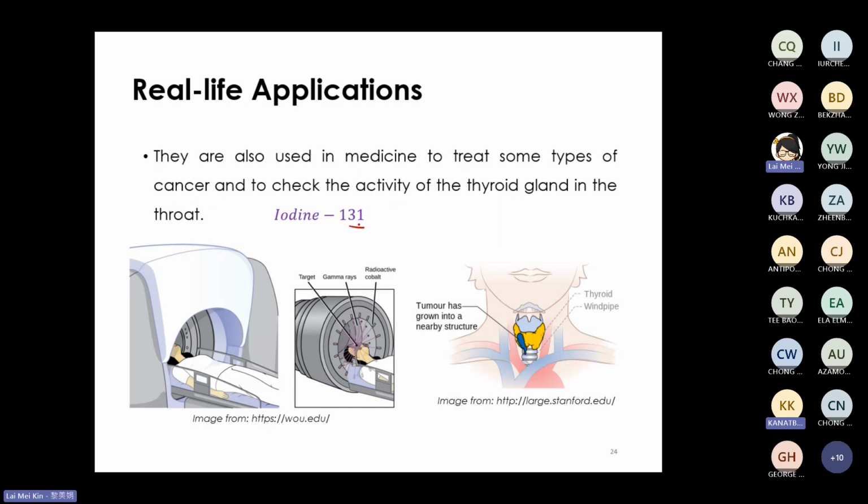Next, iodine 131, used for thyroid cancer. The thyroid is near your neck here, and its function is to process your iodine. It's a hormone gland. If you don't have a functioning thyroid gland, you cannot process iodine. So they ask you to swallow one iodine pill, and after swallowing, of course iodine accumulates here. They put you inside a machine to scan.